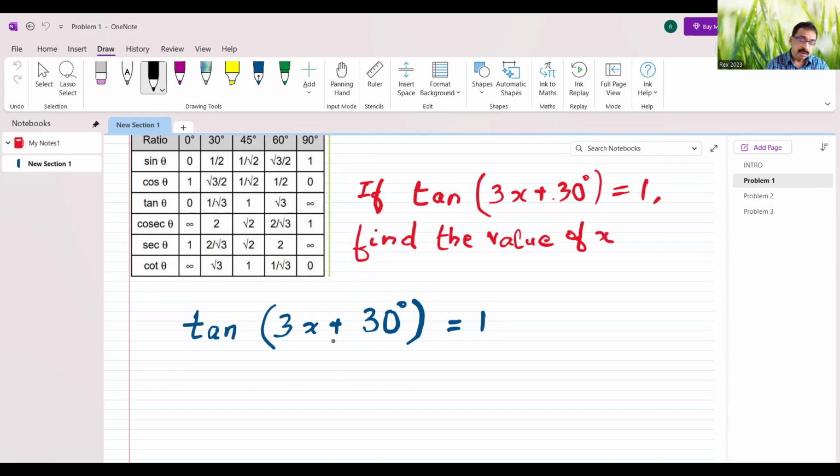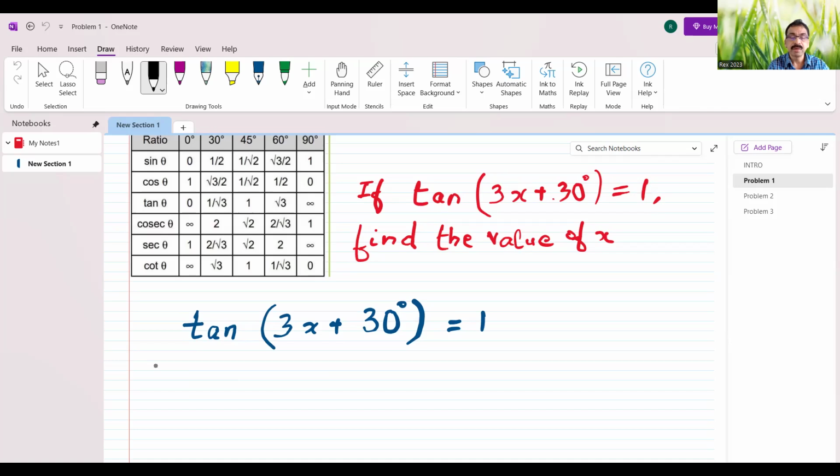When you get a problem of this kind, what is our approach going to be? If you look at this given condition, tan of a quantity, let's say 3x plus 30 degrees, the whole thing is A. So tan A is equal to 1.